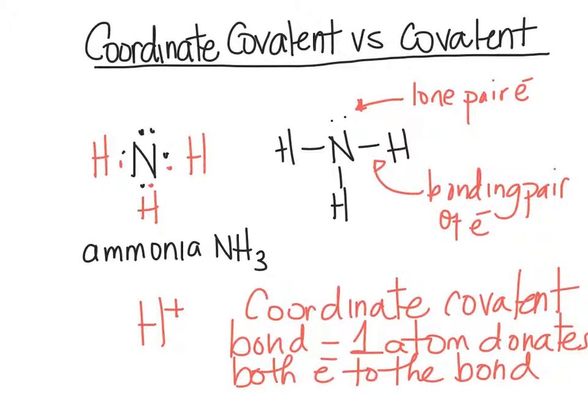So a regular covalent bond has 1 electron from each atom. This is a regular covalent bond, because 1 atom donates 1 electron. Together, they share a pair.